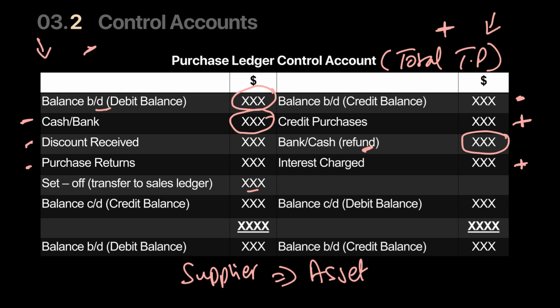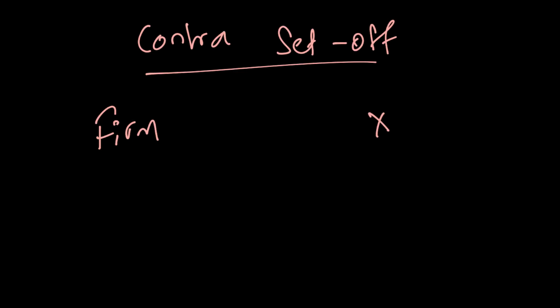Now, let's discuss contra set off. Okay, so let's understand contra set off like this. Let's say the firm buys and sells as well from individual X. So, the firm and individual X are buying and selling from each other.